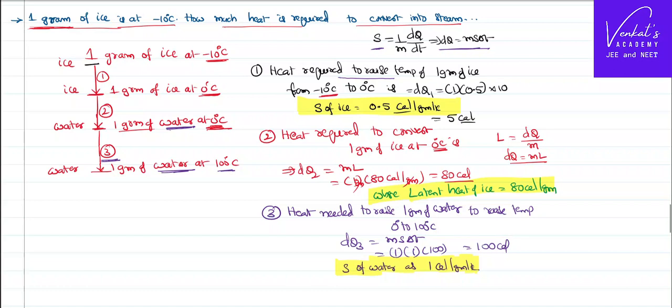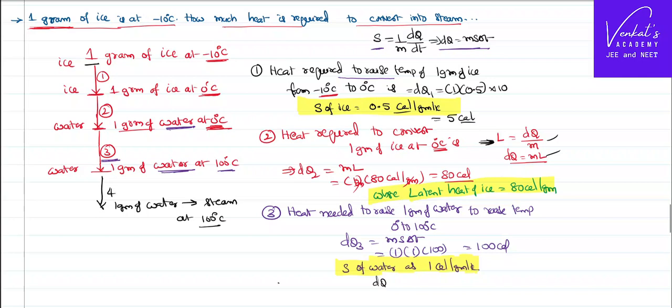What's the next step that has to happen? The fourth step. 1 gram of water has to convert into steam. This happens at 100 degrees centigrade because there is a change of state. As there is a change of state, the latent heat definition has to be taken into account and the respective dq.